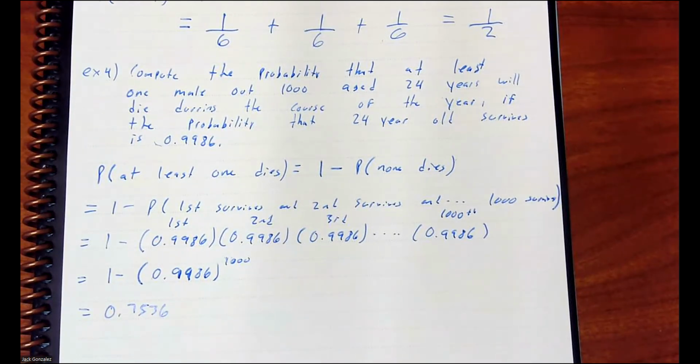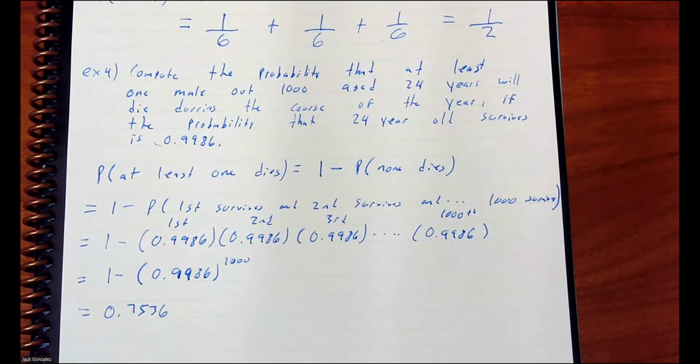Seems pretty high, right? Do you see why though? Does that make sense? The logic? This is one or more, meaning one could die, two could die, three could die, all of them could die. As long as any of those events happen, then at least one died, right? So it should be pretty high.